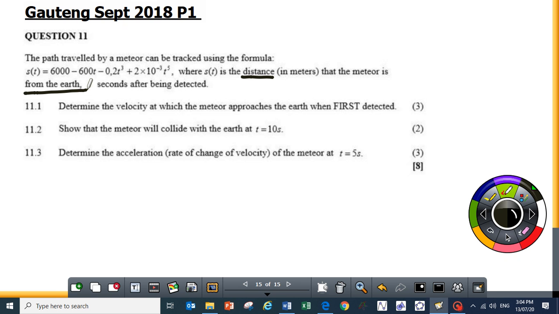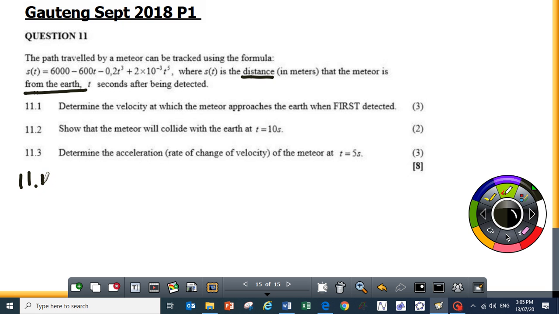The first question says determine the velocity at which the meteor approaches the Earth when first detected. Since this is a distance function, we need to find the first derivative, simplify it, and then we get the velocity.